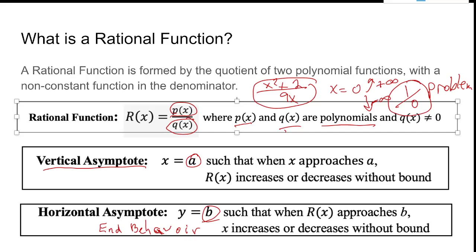As x is going towards positive infinity, that's what it means to increase without bound, or decreases, which means it's going towards negative infinity. As x is going either to the left or to the right, way out to the extremes, we'll see functions that approach a particular horizontal value. And so that gives us a horizontal asymptote.